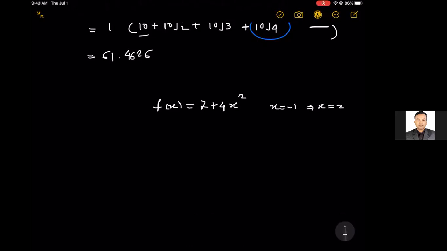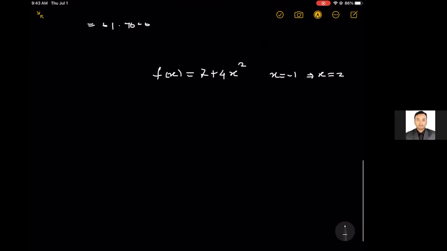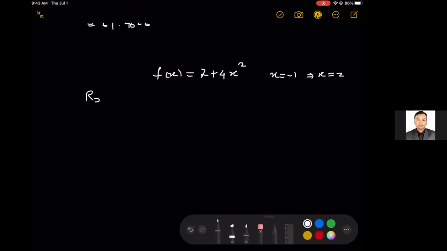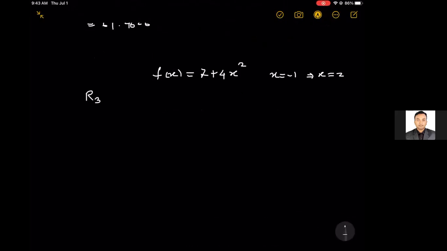And you have to find the right Riemann sum and the left Riemann sum. Okay. And once again, I'll create the breakout room and I'll give you 5 minutes for it. Let me know if you have any question, okay?